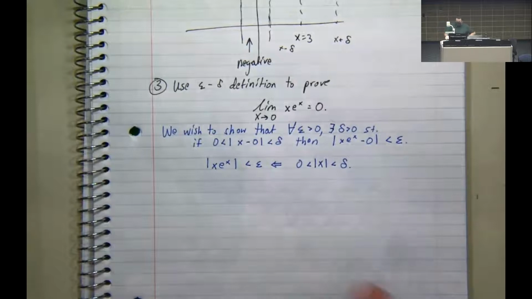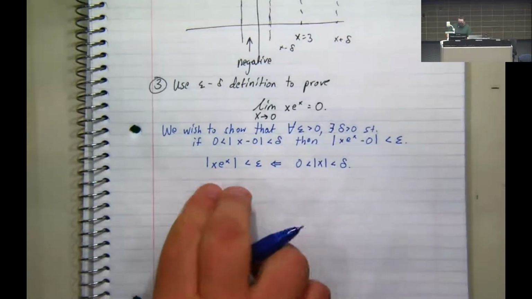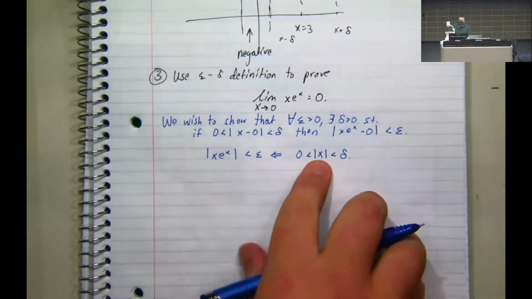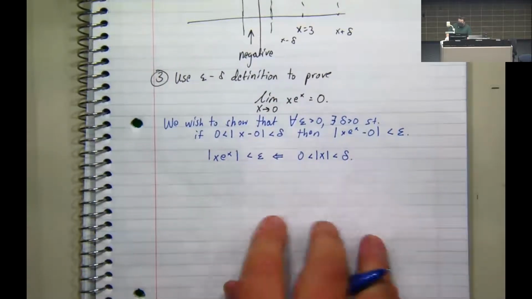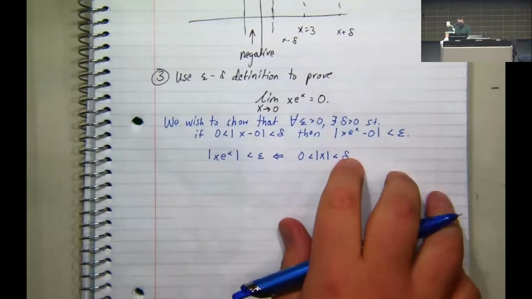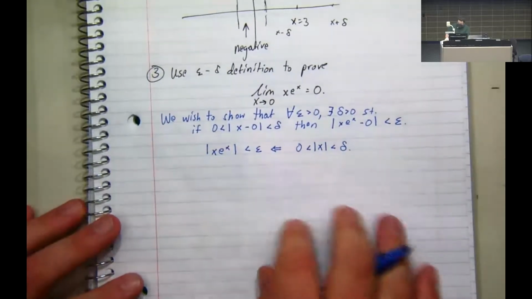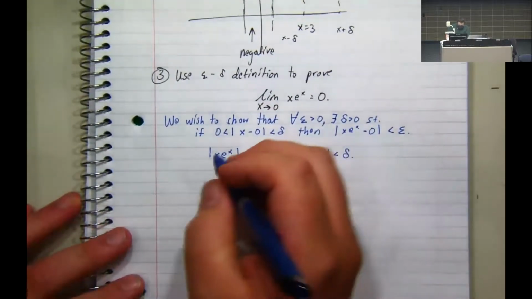Okay, so basically we want to find an absolute x on this side, which is going to get us to our delta, which is going to tell us what our restrictions on delta are. So let's go ahead and do some algebra over here.